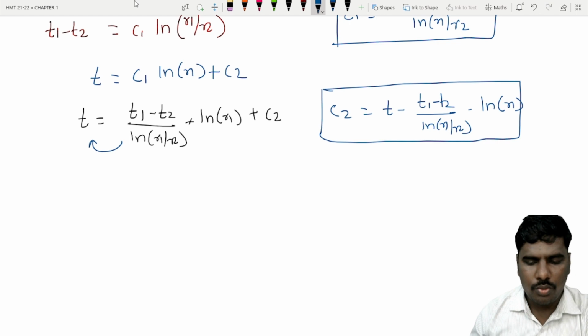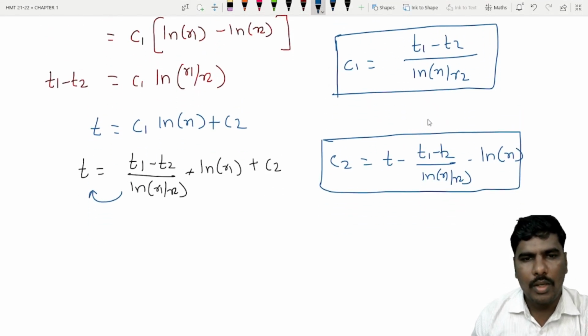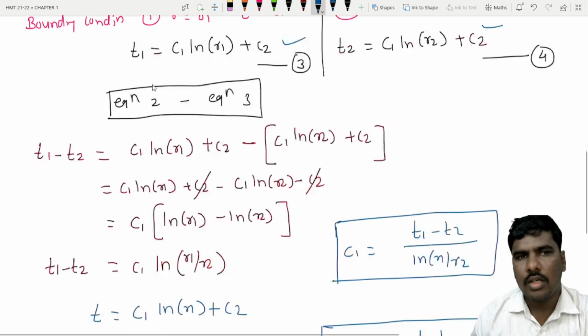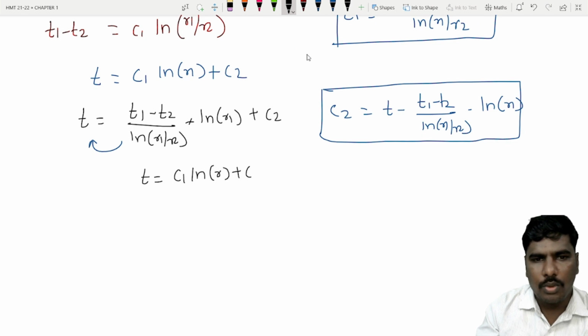So after solving these two equations, we have the values of C1 and C2. Now we will put these two values again in equation number 2, the temperature distribution equation where C1 and C2 are the constants. I will write the temperature distribution equation once again: T = C1 ln R + C2.